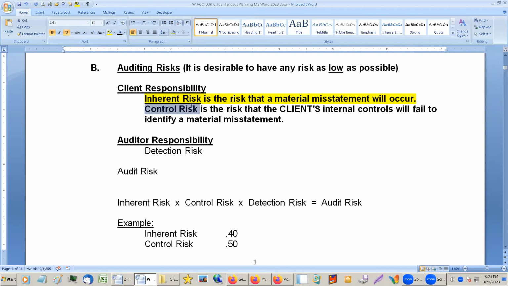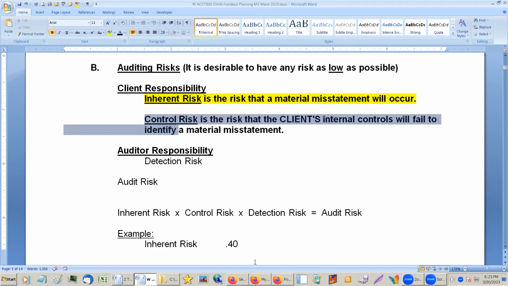Inherent risk, the risk that material misstatement will occur. Control risk is the risk that the client's control will fail to identify, or maybe prevent, a material misstatement.